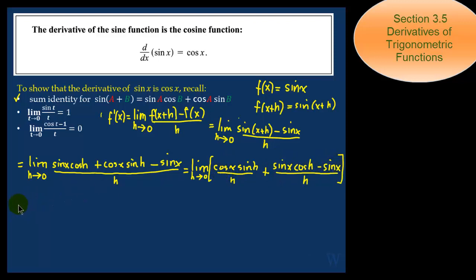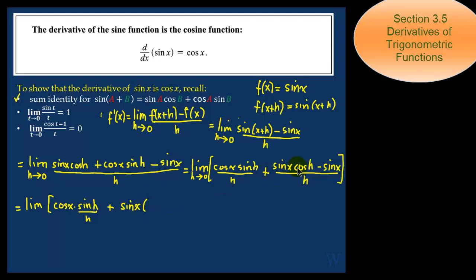Okay, so now if we keep going, we're taking the limit of cosine of x times, just to make it obvious, sine of h over h, plus I will pull out on this second quotient the common factor sine of x.